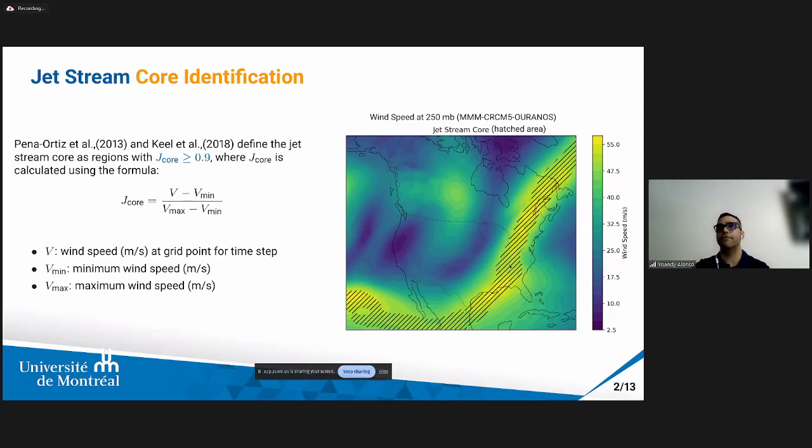For example, in this figure, this is the wind speed at 250 millibar from the ensemble of the CRCM5 Ouranos. We can see that the yellow area is the greatest area of maximum wind speed, and the hatched lines are the jet stream core detected by this methodology.